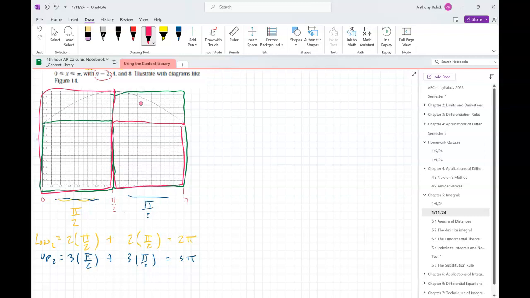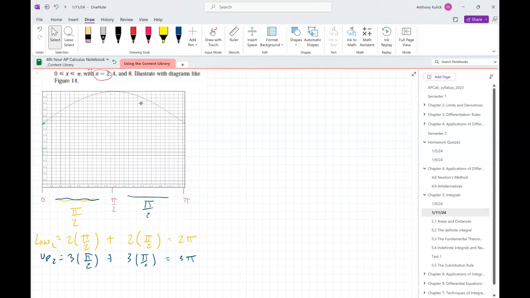So that's the idea for that problem. So again, if you can do it for 2 subdivisions, you can do it for 4 or 6 or whatever the question asks for after that. But that's the idea. And again, if it helps you to draw the picture and draw in your rectangles so you can really physically see what it is you're doing, do that.